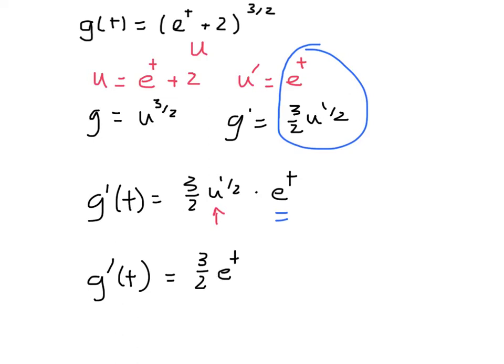And then I have u to the 1/2, which is just a square root. So I'm going to go ahead and put a radical sign. The square root of u is e to the t plus 2. The square root of e to the t plus 2. So this right here is a pretty good form for that final derivative formula.